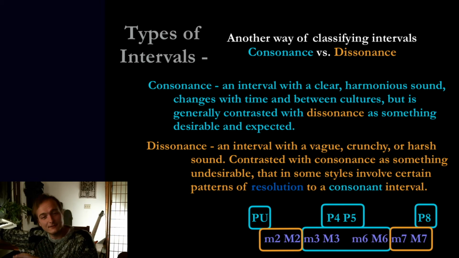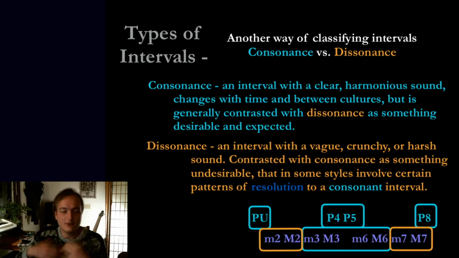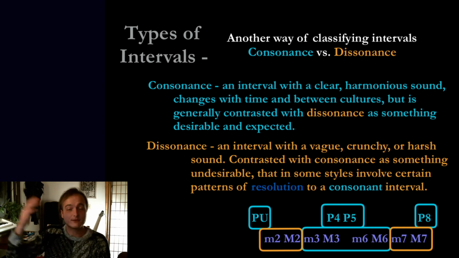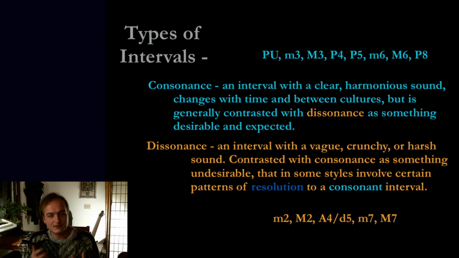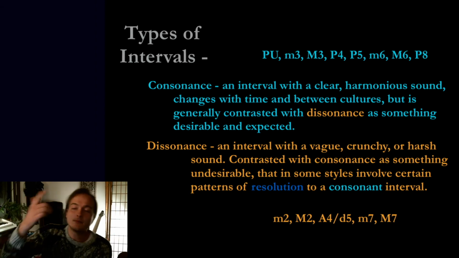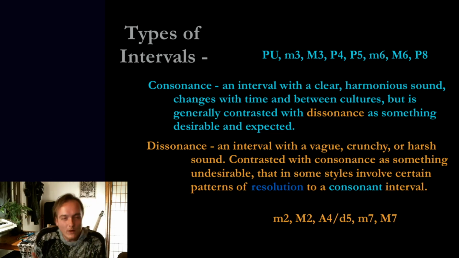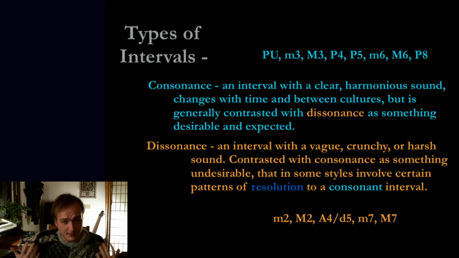So from a dissonant to a consonant, a different consonance, and then to the fifth, which is almost as clear a consonance as you can get before you're back at the octave. So at any rate, consonance and dissonance is a cool way to categorize the intervals in your head, because it'll help you to think about when you're composing or when you're listening to music.